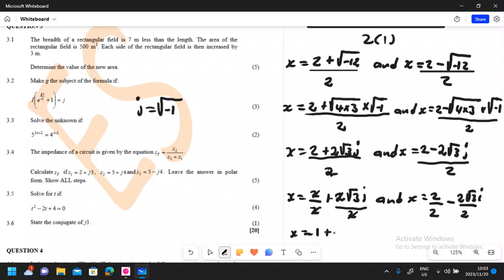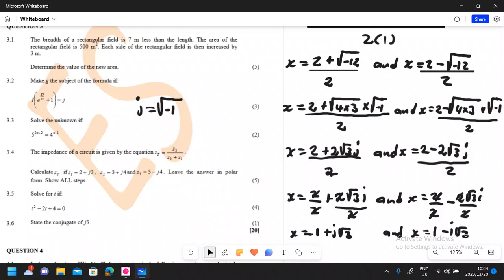Plus, let me just put i here, root 3, and then the other one here, which is going to be 2 divided by 2, it's 1, multiplied by j or i, and then root 3.